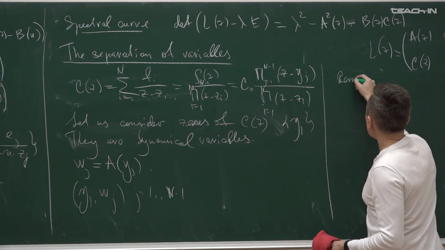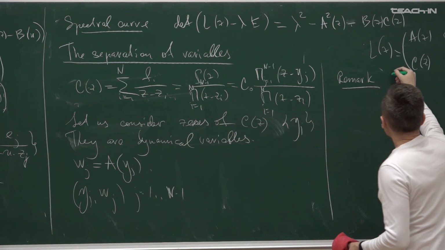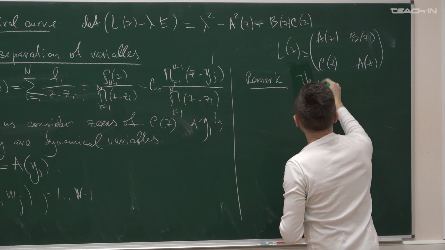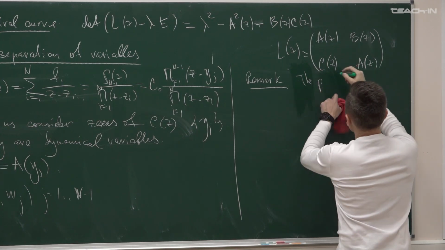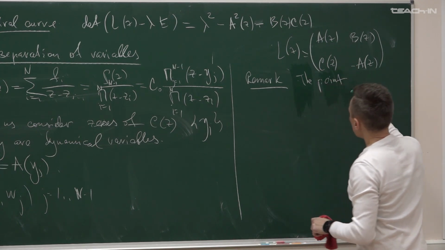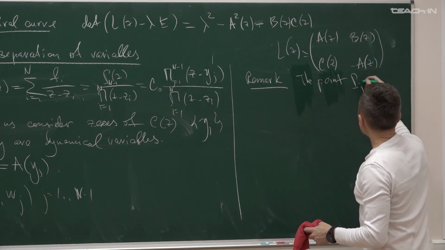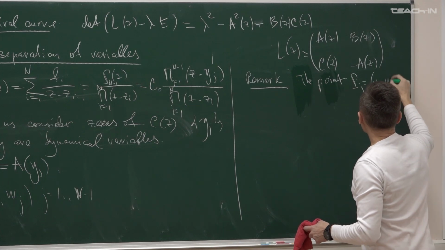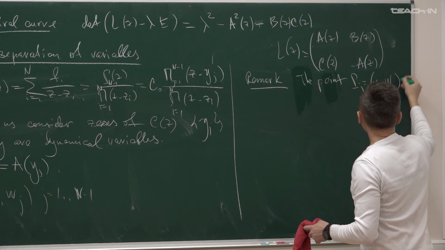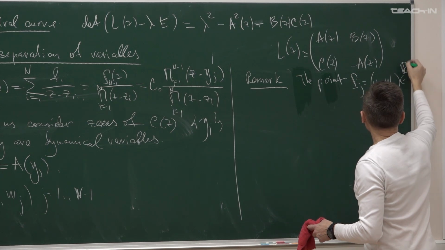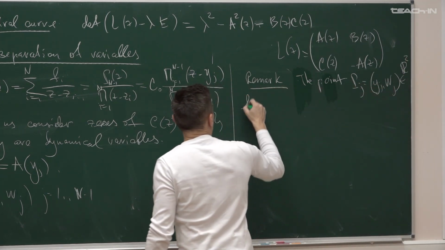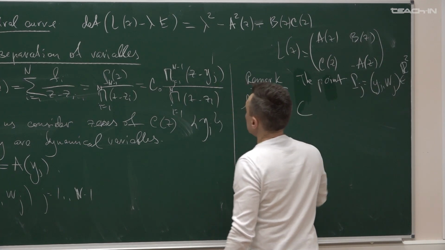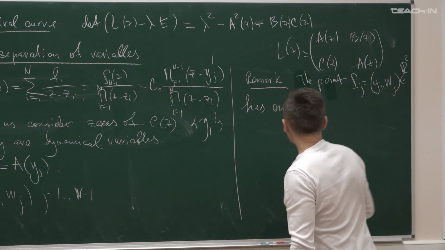Remark. The point P_j with coordinates y_j and w_j in R^2 lies on the spectral curve.